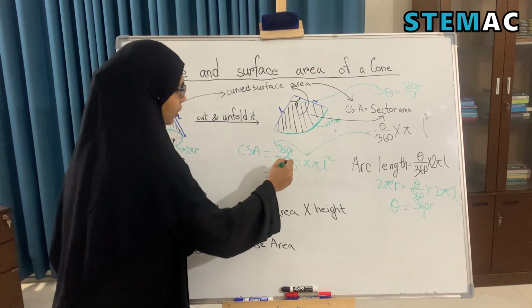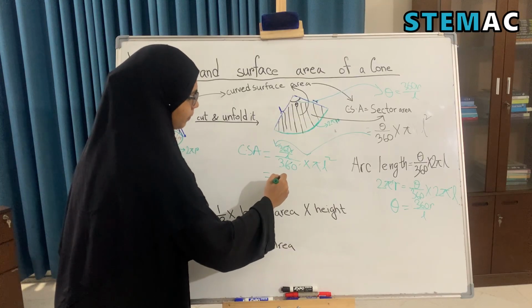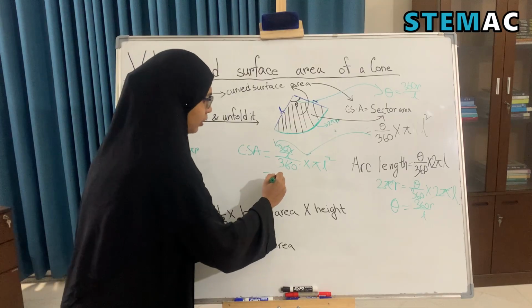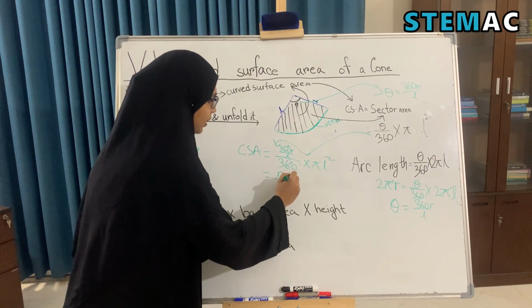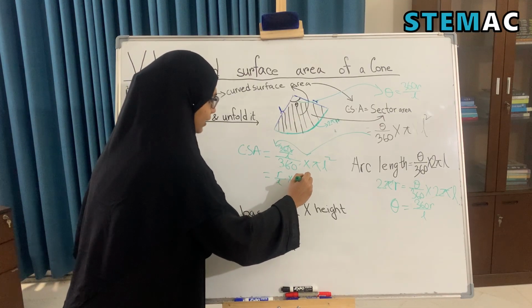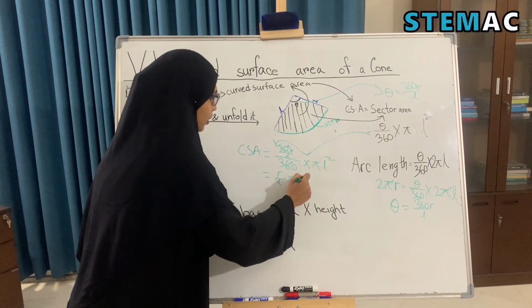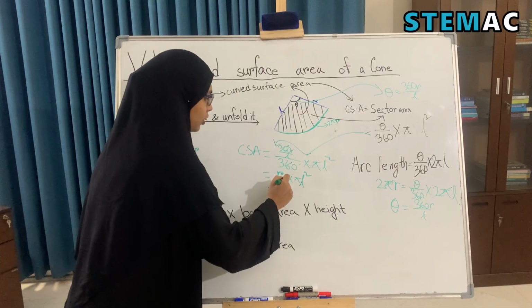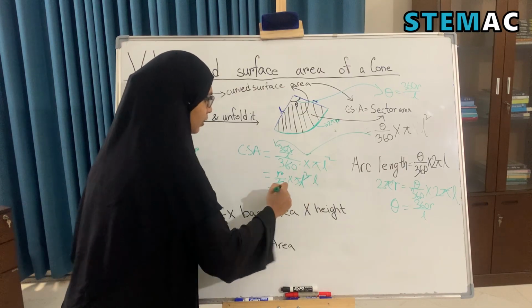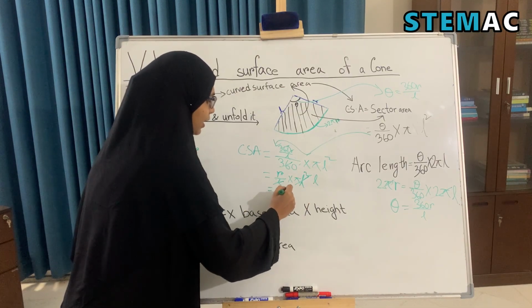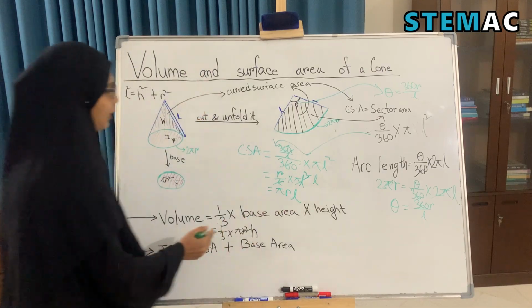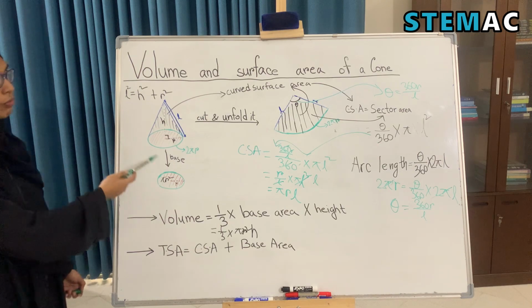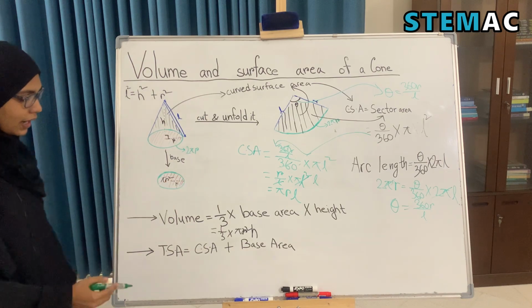So here we get r divided by L into pi L square. That gives us pi r L. That's how we get the curved surface area of the cone equals pi r L.